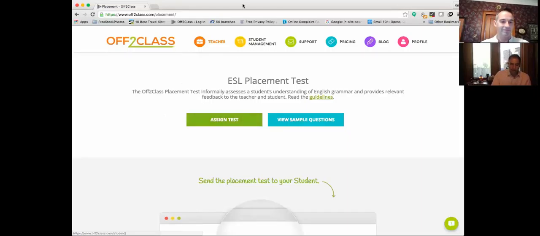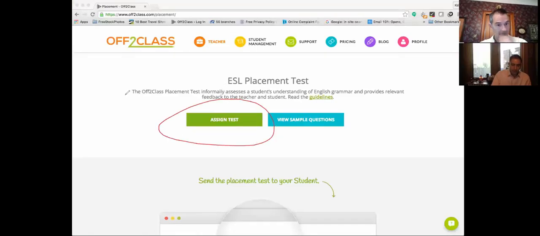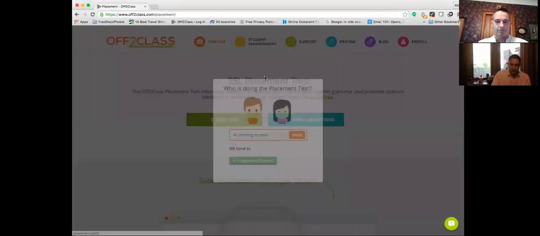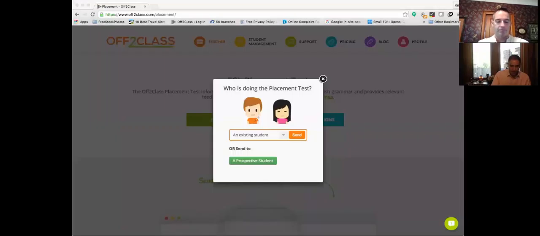So when I click on assign test here, if I'm reassigning to a student that's already registered in the system, a student that's already taken the test, instead of assigning it to a prospective student, I'm going to assign it to an existing student because I've already registered this student.